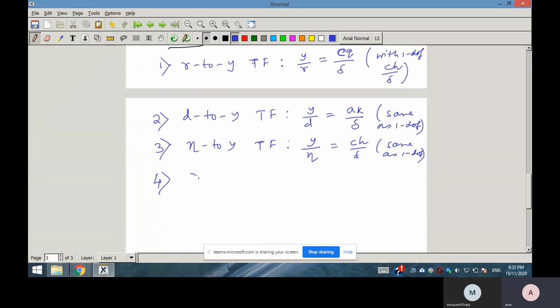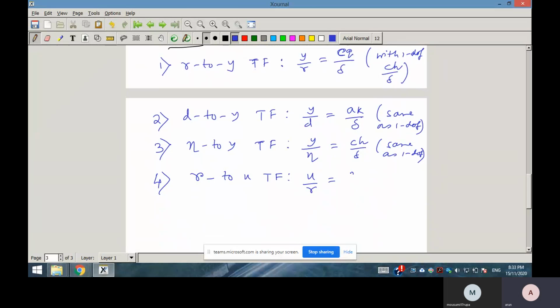The last one that is important is control effort. R2U transfer function. R2U transfer function will be u by r.